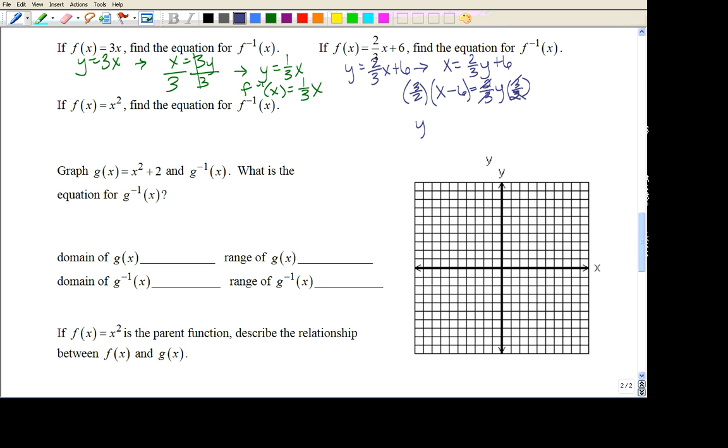So here we'll have y equals, distribute the 3/2, we'll have 3/2 x, and the -6 times 3 is -18 divided by 2 is -9. So the inverse function of x is 3/2 x minus 9.